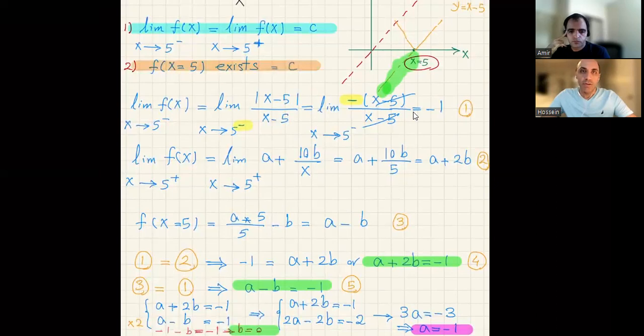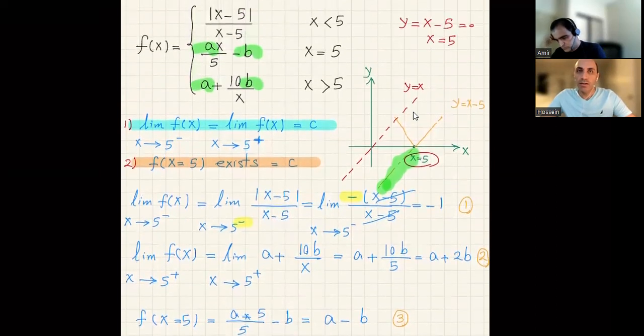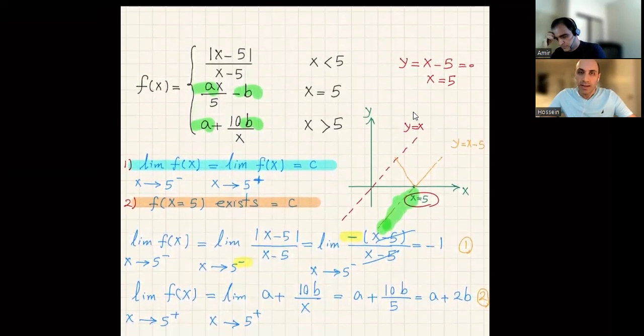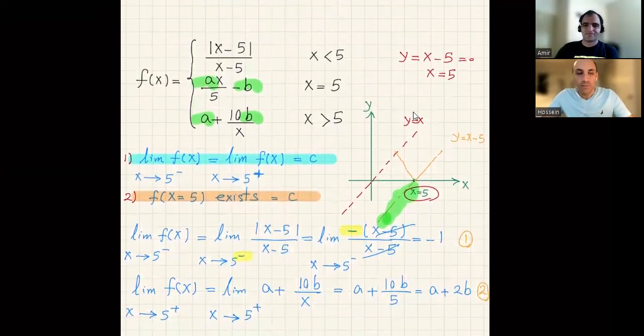And with those values, if you put that back into the function, that function would be continuous at x equal 5. Thank you, Amir. Thanks for helping to solve this problem.